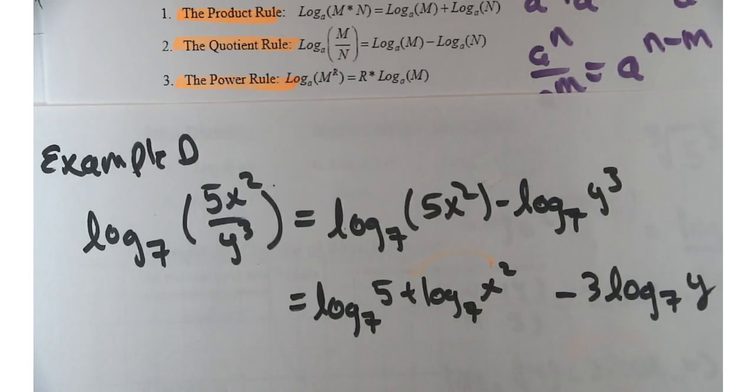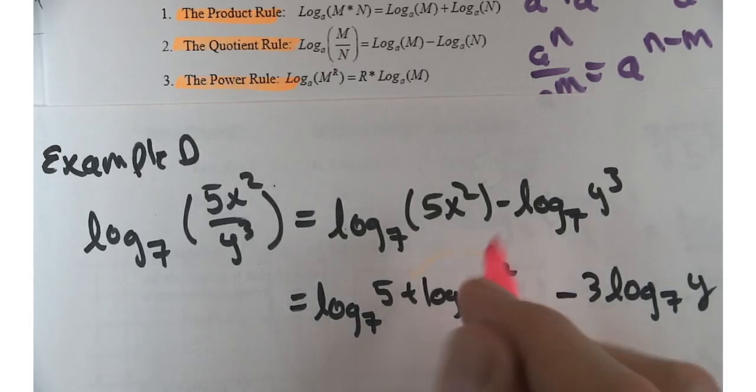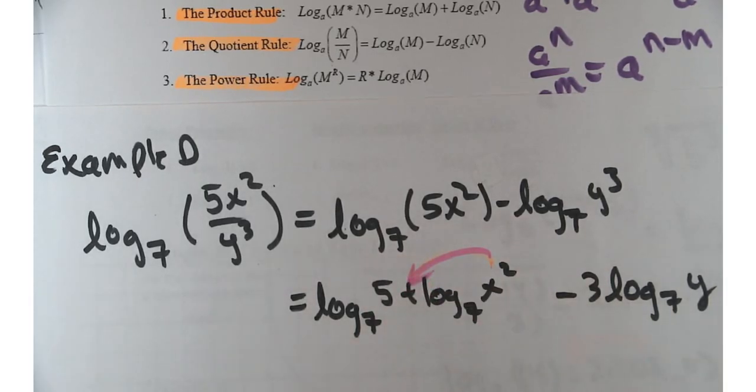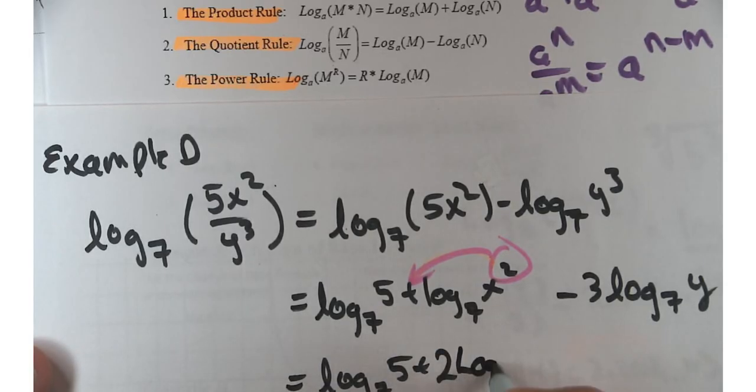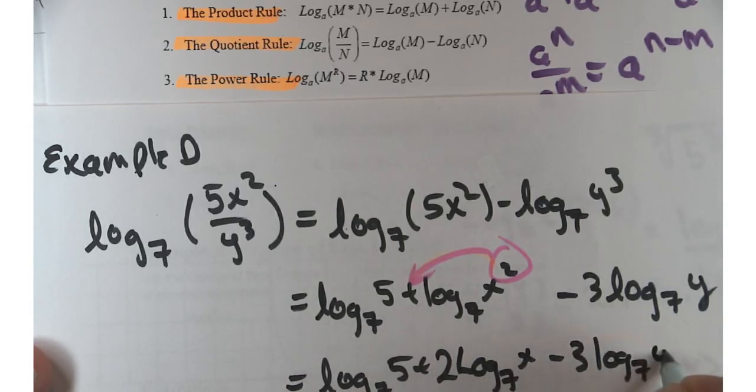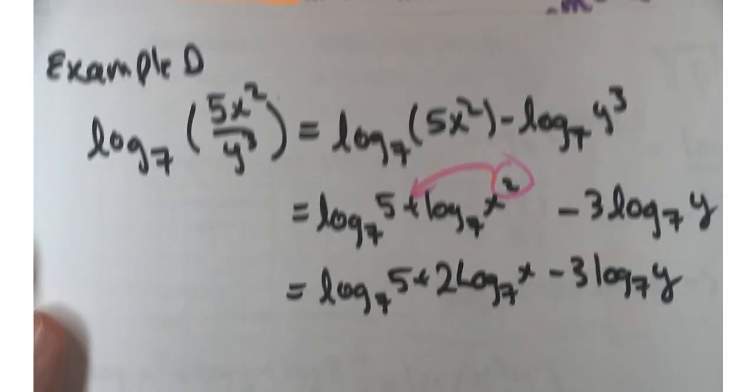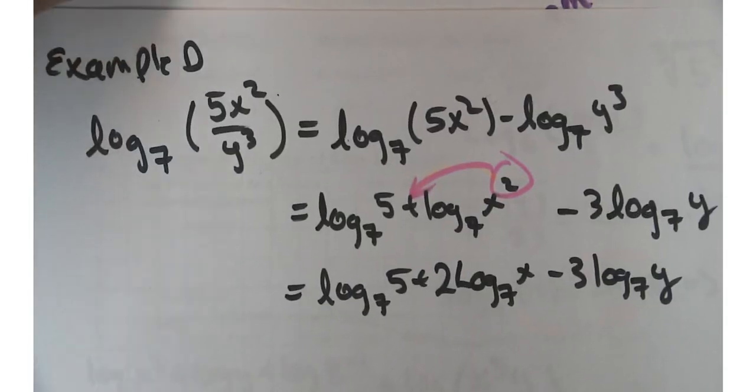This guy's just going to jump out front, like that. So yeah, that's pretty much all that we can do. Log base 7 of 5 plus 2 log base 7 of x minus 3 log base 7 of y. Nice. Done.